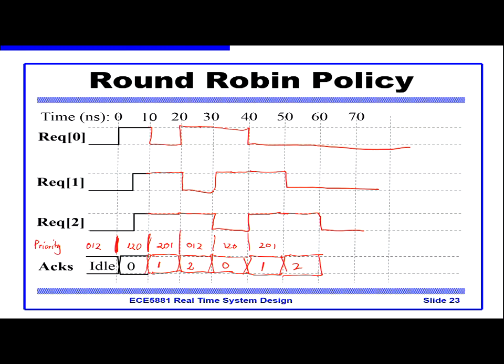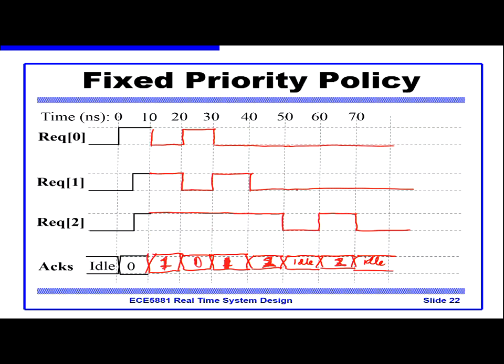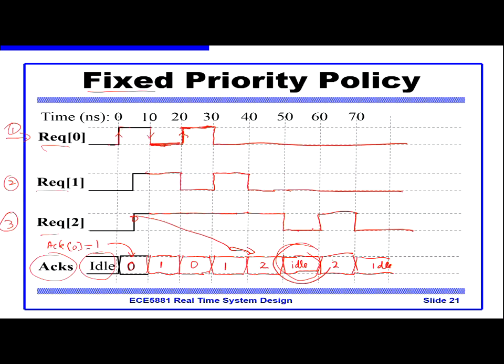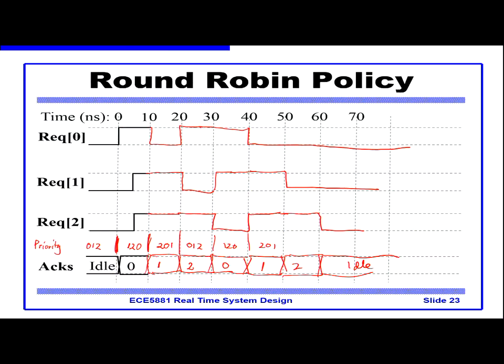All right, so that's a really good outcome because request 2 now doesn't have to wait very long and we don't have an idle state that we had earlier which occurred here. So this idle state at 50 nanoseconds is no longer there, so we have more efficient use of the system.